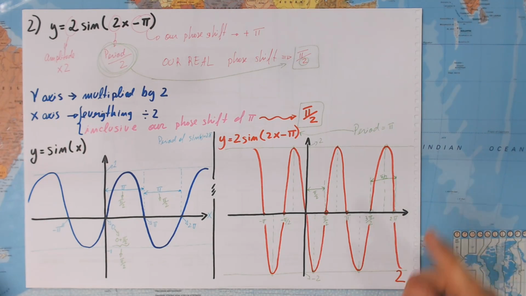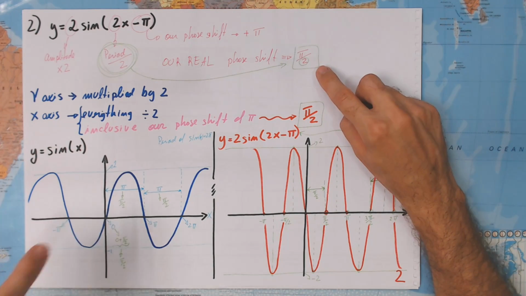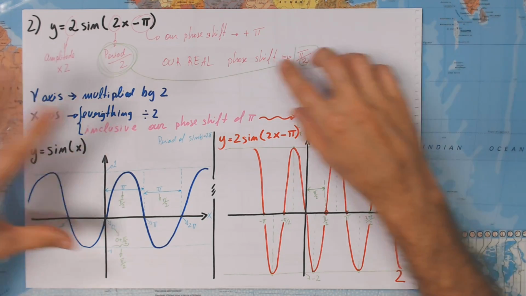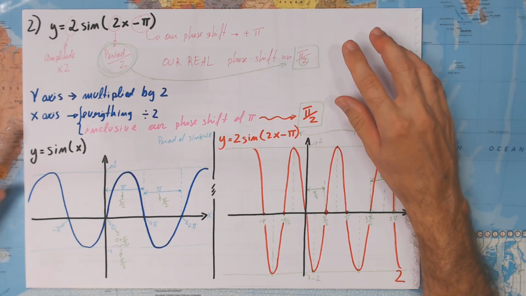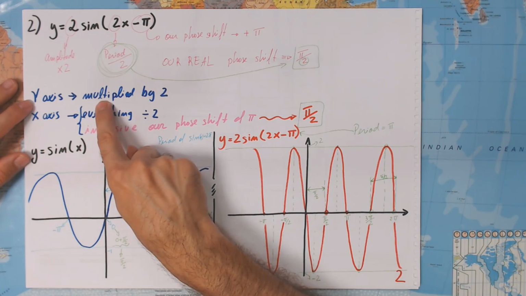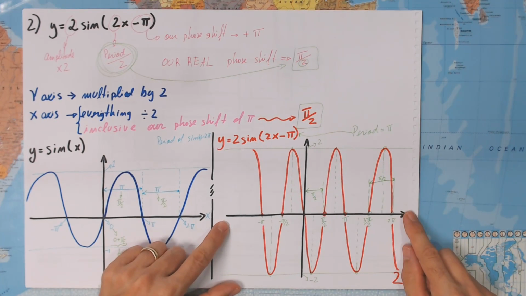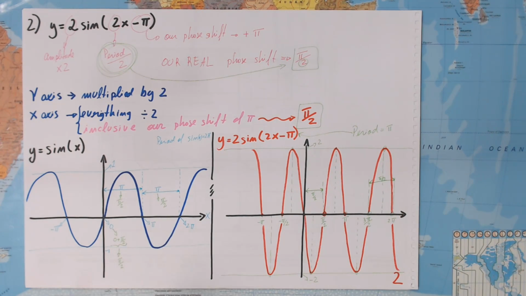So that means that our real and final phase shift is going to be pi over 2. We don't have to write all these. Now on the xy axis, it is going to be multiplied by 2, and everything in here is going to be divided by 2.